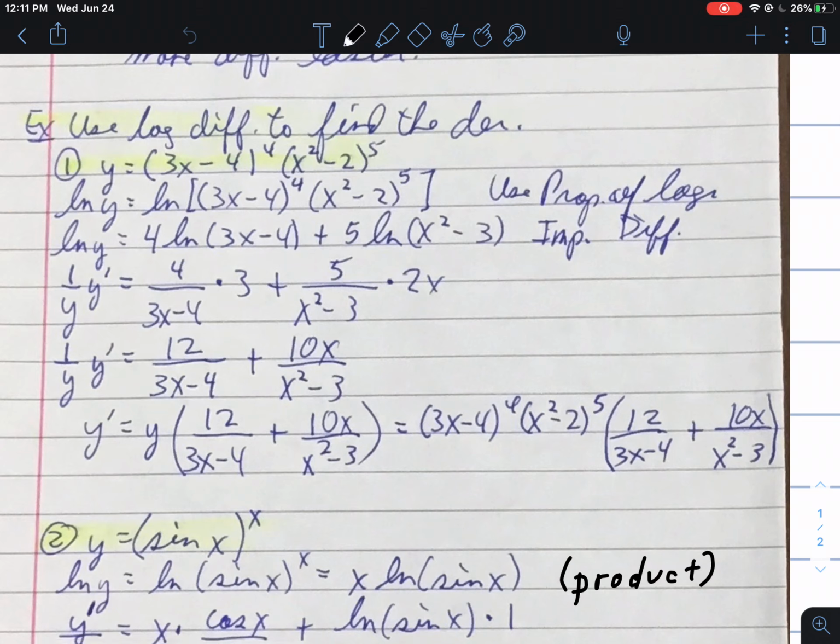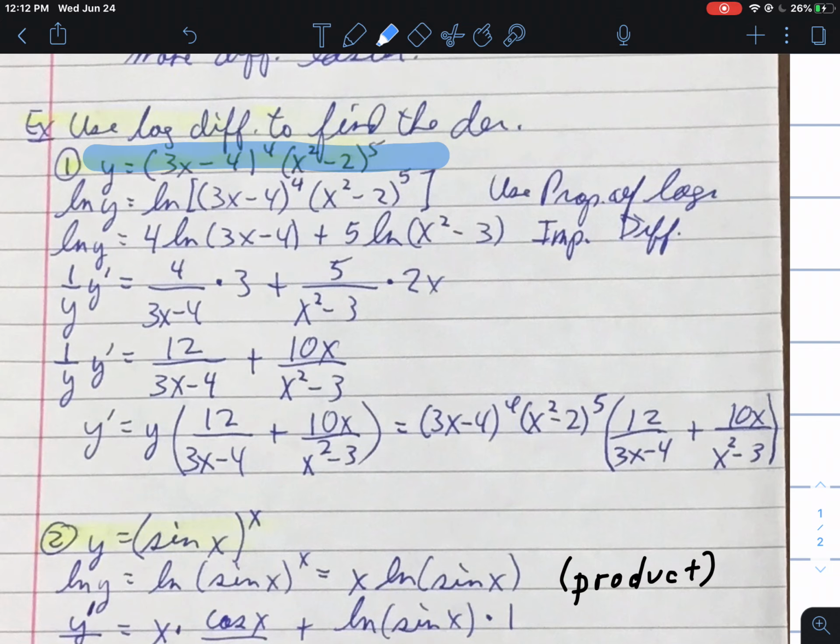I've got this equation: y equals (3x minus 4) to the 4th times (x squared minus 3) to the 5th. We've dealt with equations like that before, where we said there's a product rule. I can use the product rule to differentiate that function, and that may work perfectly fine.